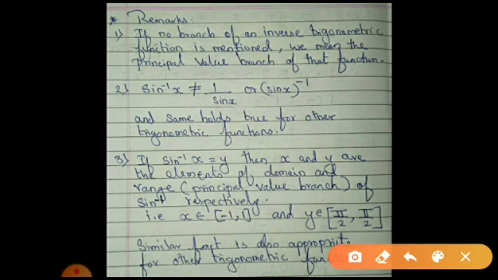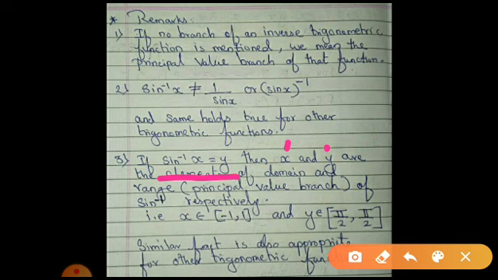Then, if sine inverse of x is equal to y, then x and y are elements of the domain and range. That means x is an element of the domain and y is an element of the codomain.